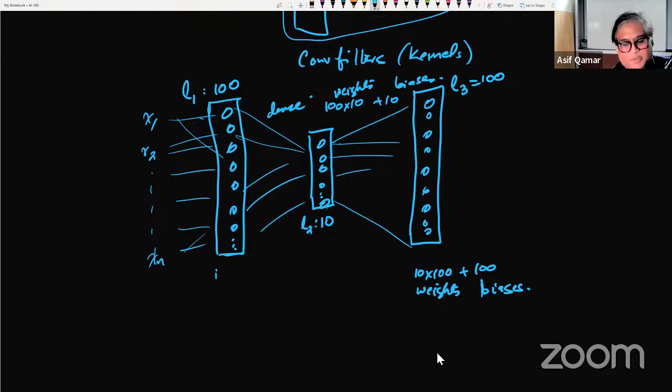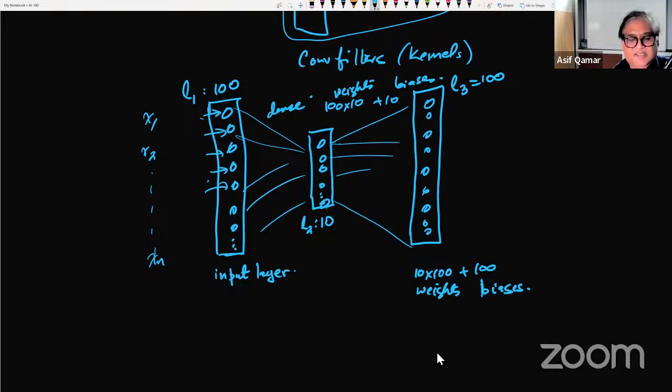I treat this as an input layer, in which case there is no cross connection. The input goes directly into each neuron, and the only real network is this layer. You're basically saying that I'm going to decode this, blowing it up again to this 100 representation.